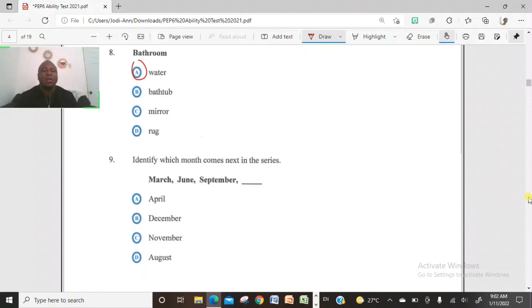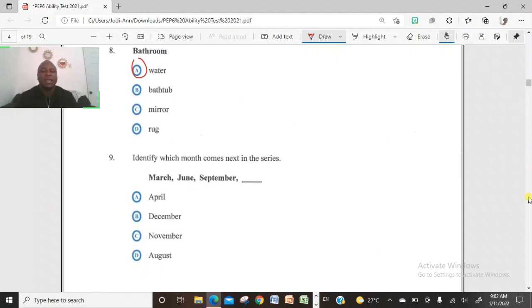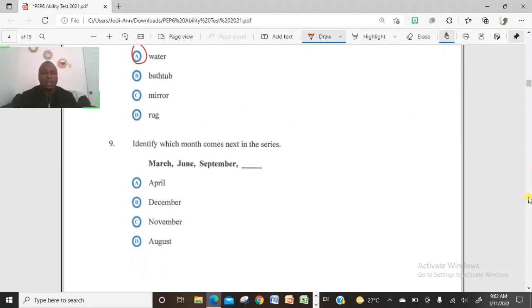Question 9, it says identify which month comes next in the series. All right, so it's a series question, so you have to identify a pattern. Now you have March and it goes to June. So it skips out April and May and goes to June. So for the first one, it skips out 2 months, right?